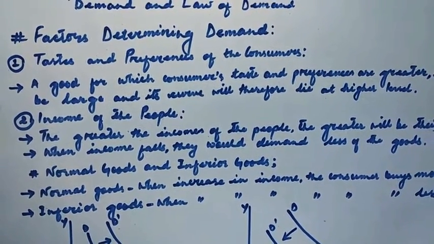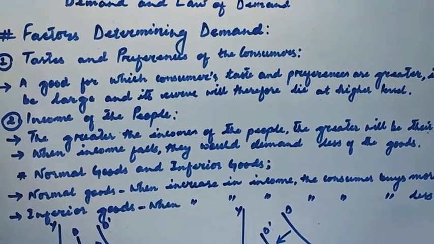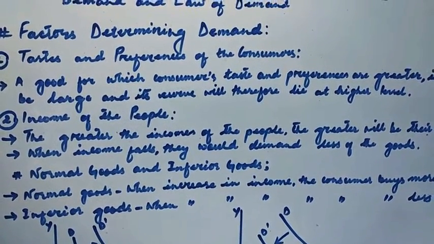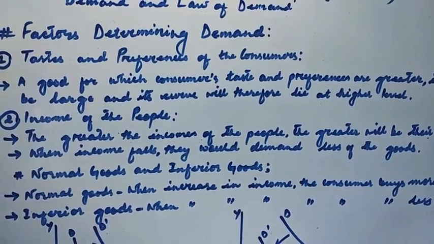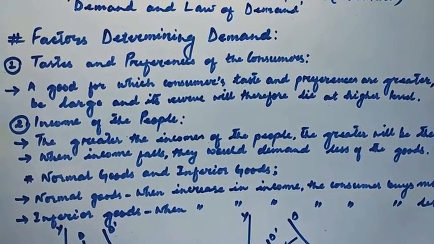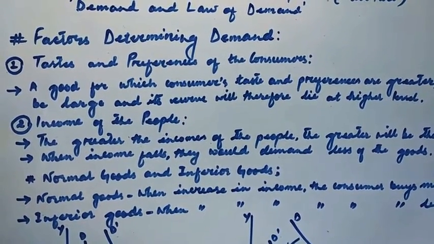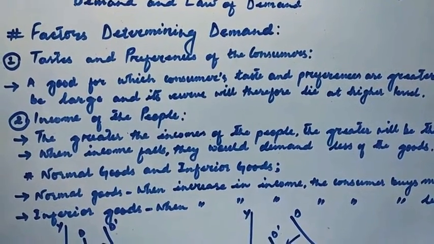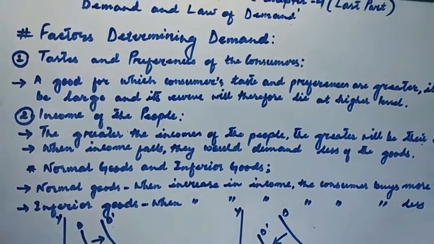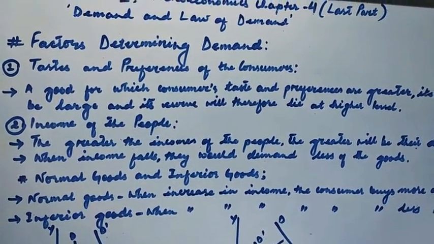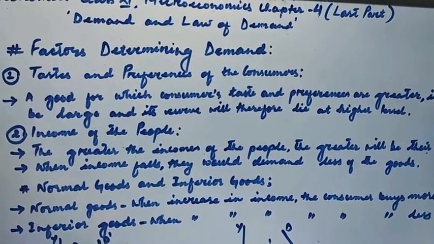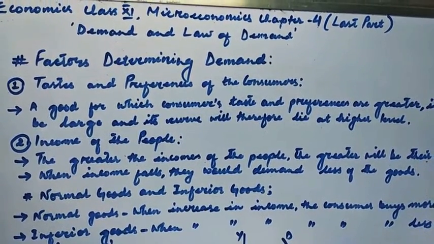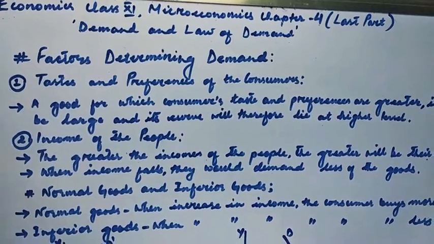On the other hand, people's demand for a commodity also decreases because of outdated fashion, when tastes are unfavorable or certain goods go out of fashion. That is why their demand also decreases. So taste and preference plays a very important role in determining the demand for a commodity.